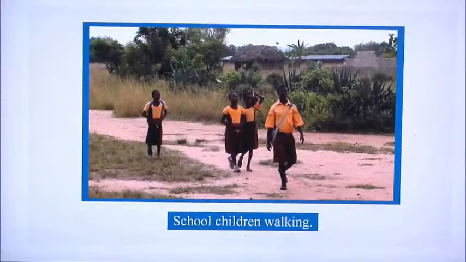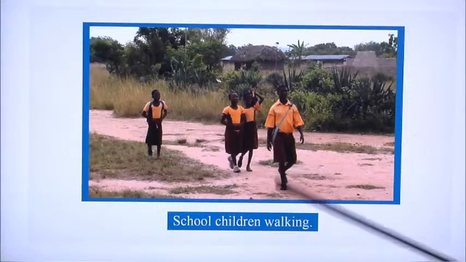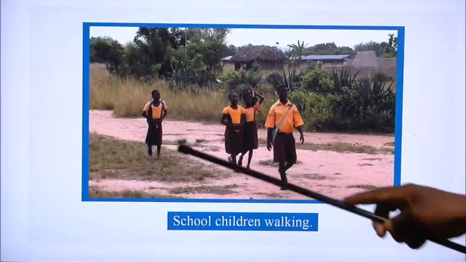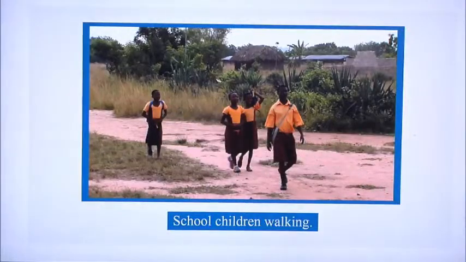Children walking, school children walking. Now, we saw previously that the food they ate, the water and the stew, has given them the energy and they are walking home. They are happy, can't you see? So if you eat, you get the energy to do what? To walk. Look at them, they are happy. They are even smiling. They have gained energy. That is why they are walking. Let's look at another picture.